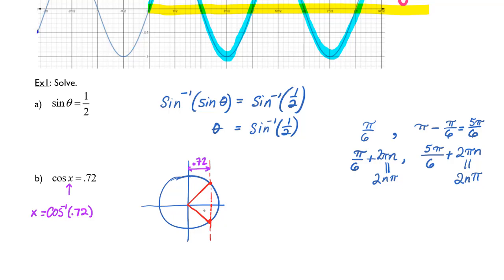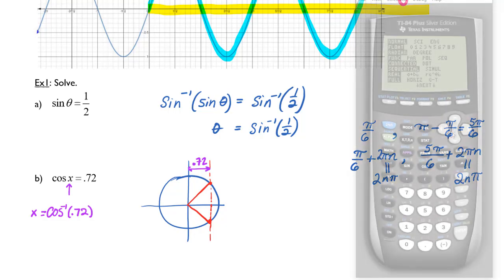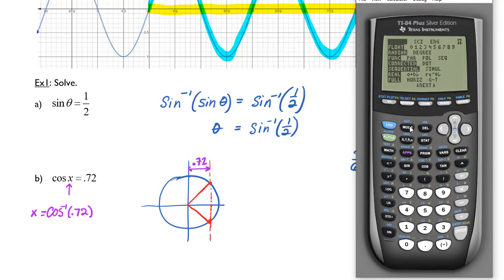And my radian measure, clearly this is going to be in radians. I suppose you could do it in degrees as well, but we're hopefully getting to the point where you're more comfortable with radians than you are with degrees. I'm in radians.